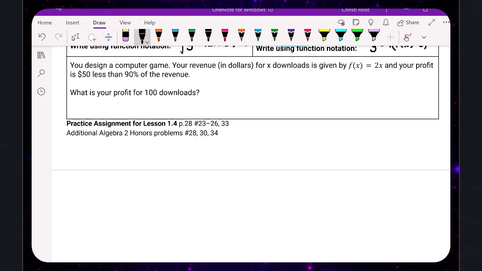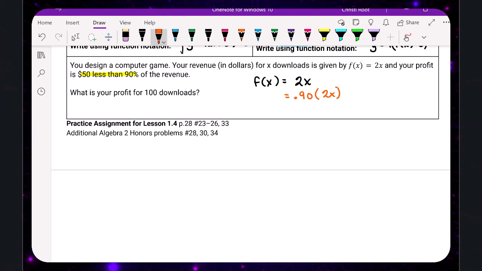So I'm going to write down this function that we are given. So 2 times x, okay? So we need to translate into math what is 50 less than 90% of the revenue. Well, if you want to find 90% of something, then that's going to wind up being 0.90 of what you started with.